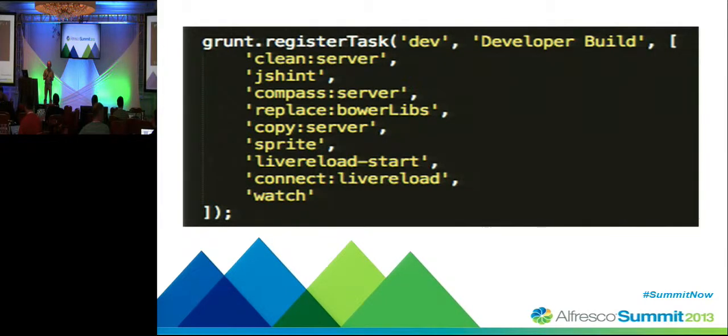It does some setup again, lints our JavaScript, compiles the Sass, injects the libraries, sprites the images, injects the live reload code into the HTML, and then starts up our dev server. It also watches the file system for any changes and injects those changes into the browser, so we don't have to reload the page when we're developing.